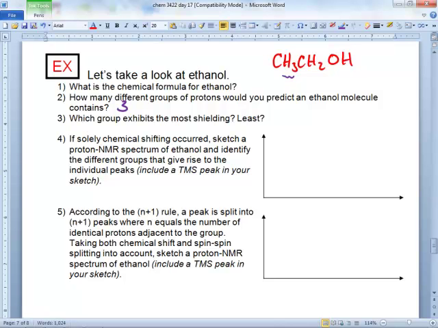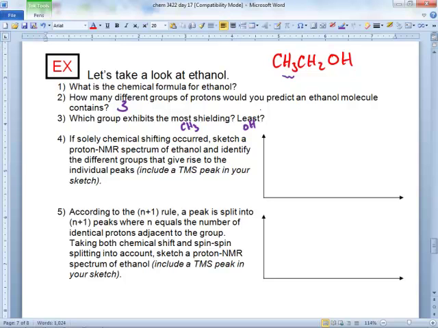He's got the most electrons hanging around him. It'd be the methyl, right? But we go to the opposite spectrum, the least. It would be the OH, right? There's nothing out there protecting that hydrogen on the OH. Just a bare proton.